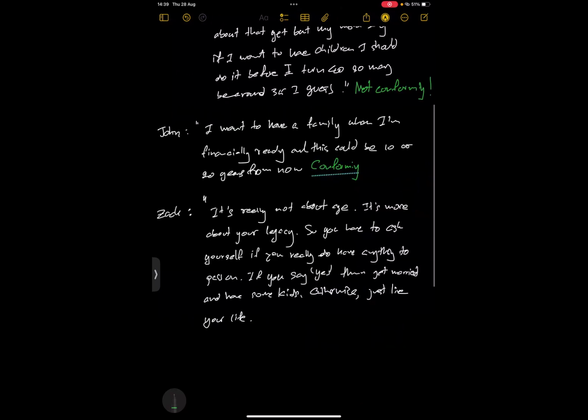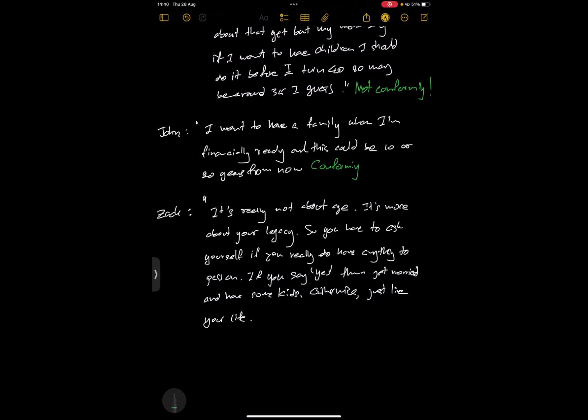Now, Zach says it's really not about age. It's more about your legacy. So you have to ask yourself if you really do have anything to pass on. If you say yes, then get married and have some kids. Otherwise, just live your life. So Zach basically tells you that you want to get married when you have some legacy.